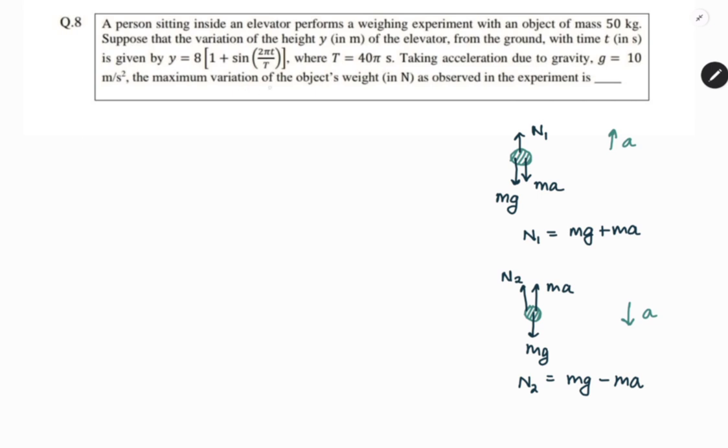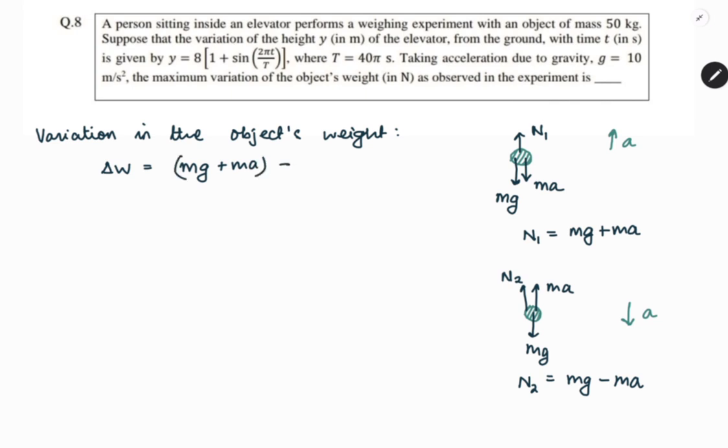So what the problem is asking us to calculate is the variation in the object's weight. The variation in the object's weight is simply (mg plus ma) minus (mg minus ma), that is twice ma.